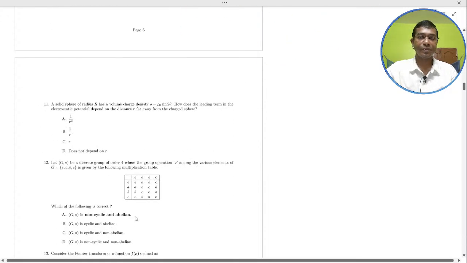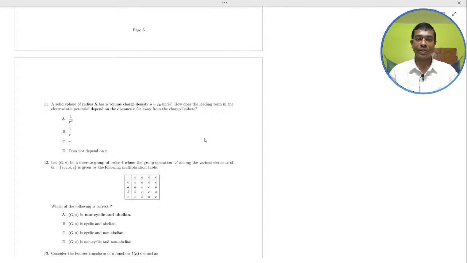A solid sphere of radius r has a volume charge density rho equal to rho naught sine 2 theta. How does the leading term in the electrostatic potential depend on the distance r far away from the charged sphere?